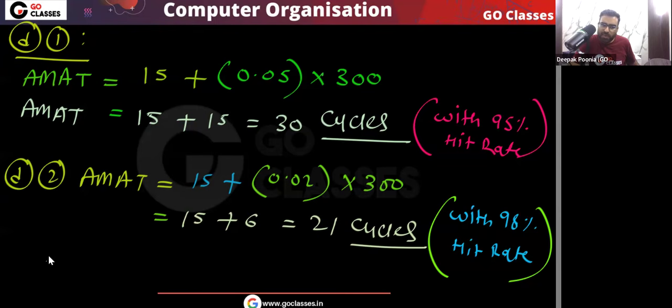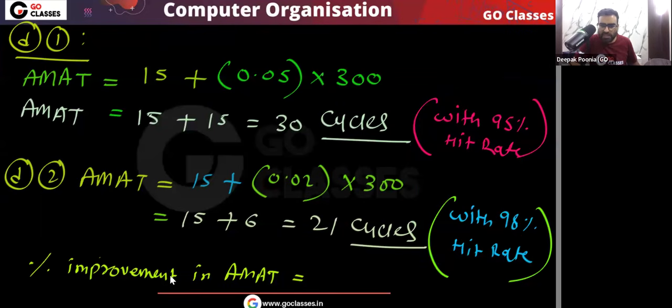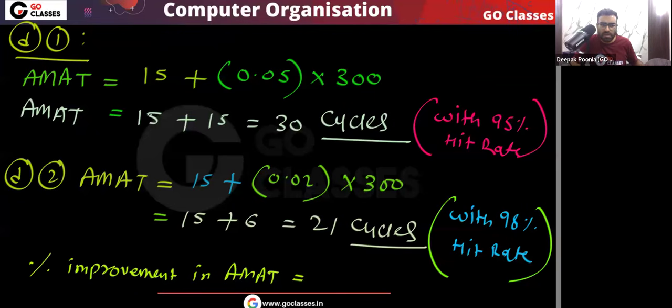Can you tell me the percentage improvement in average memory access time? There is a 3% improvement in the hit rate. So the percentage improvement in the average memory access time will be equal to the difference.